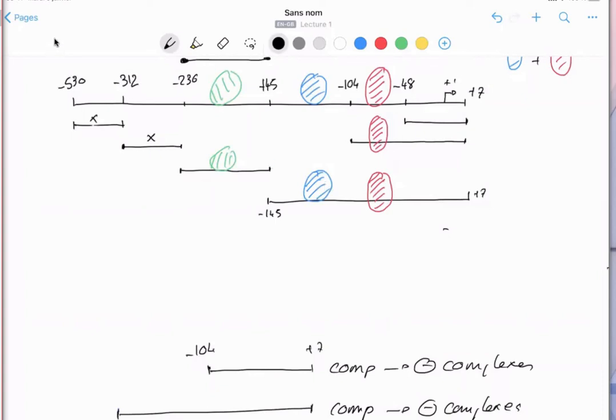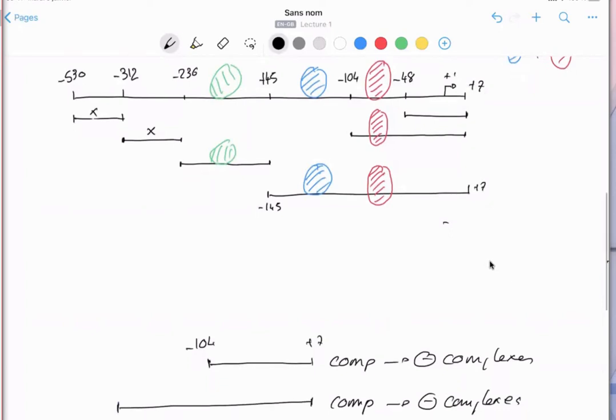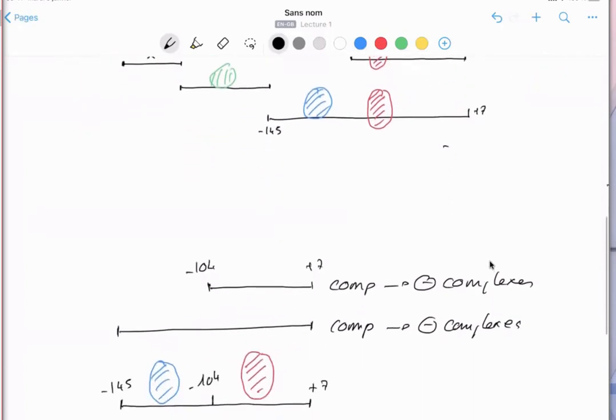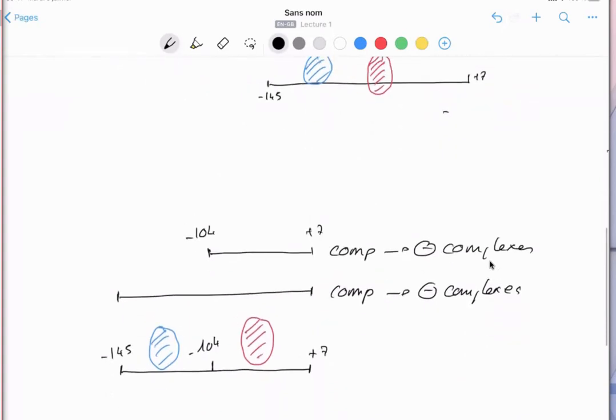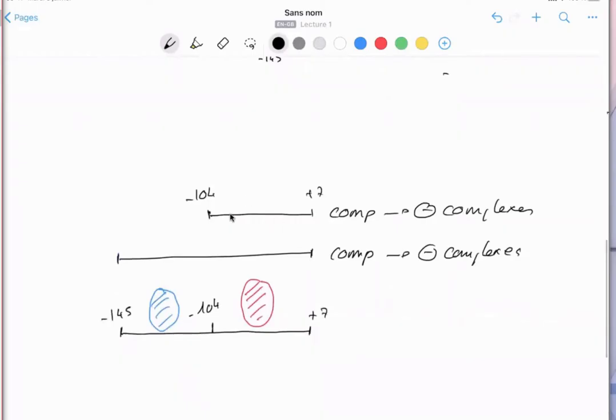I'm guessing that maybe the blue protein needs the binding of the red to be able to bind to the probe. Exactly. In this context, when you use the minus 104 fragment, you inhibit the possibility of the red to bind.